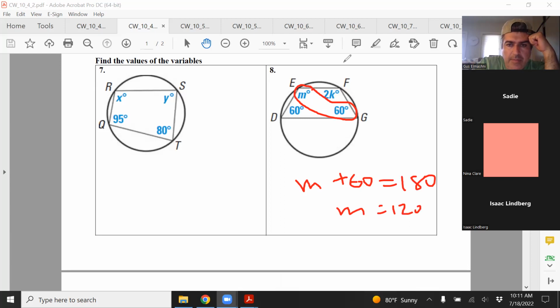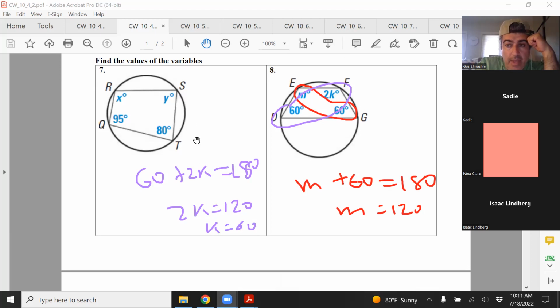And then this right here also adds to 180. So K is 60. So remember, the opposite angles are supplementary when you have an inscribed polygon.